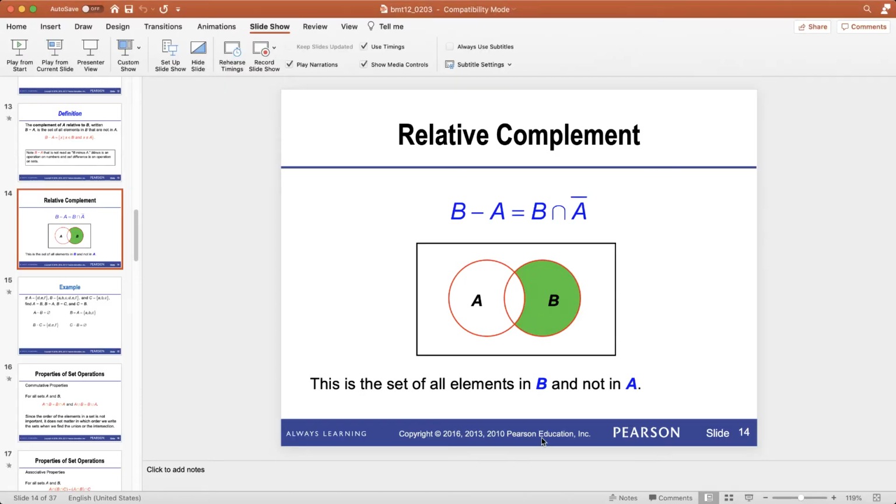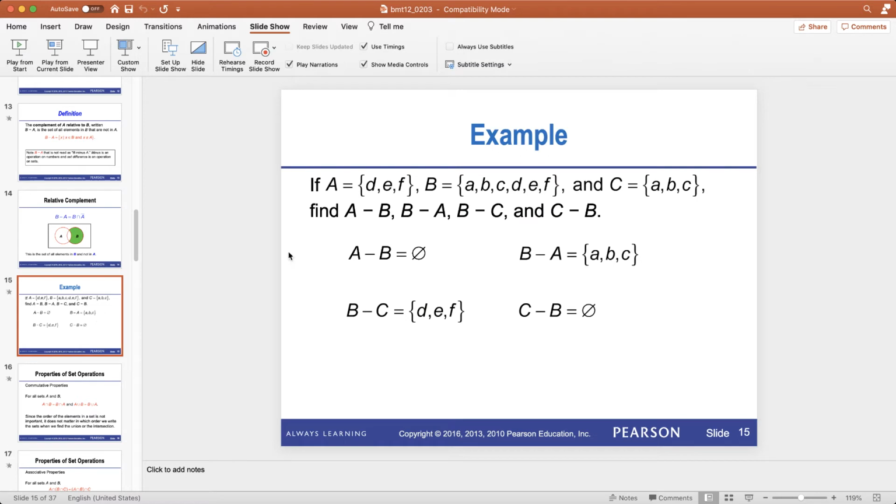Okay, so then here's some examples. If D, E, F and A is equal to D, E, F, B is equal to A, B, C, D, E, F, C is equal to A, B, C, then A minus B, so this one and this one, you're taking everything in A that is not in B. Well, B includes everything in A. So that means there's nothing that is in A but not in B. Over here, backwards, what is in B but not in A?